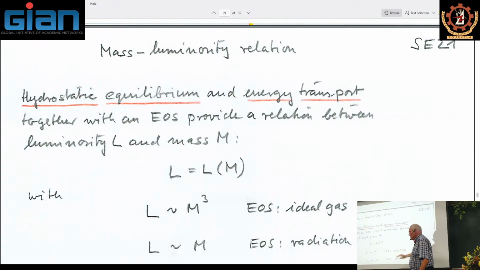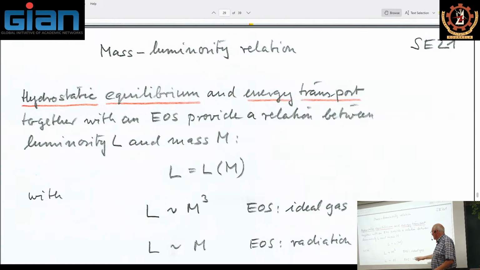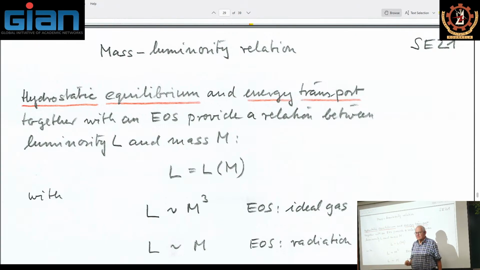Professor Yadav has discussed the case when the equation of state is an ideal gas, and he ended up with the relation that luminosity is proportional to the mass cubed. The existence of the mass-luminosity relation does not depend on the equation of state, but the exponent by which luminosity depends on mass depends a little bit on the equation of state you use.